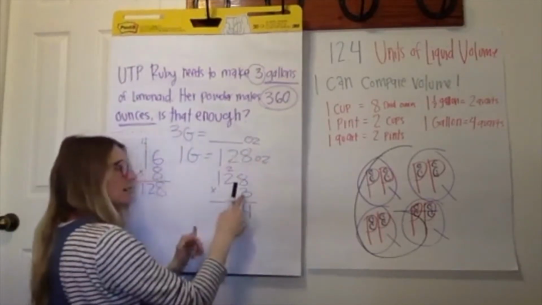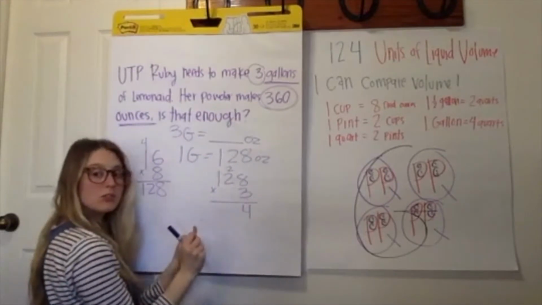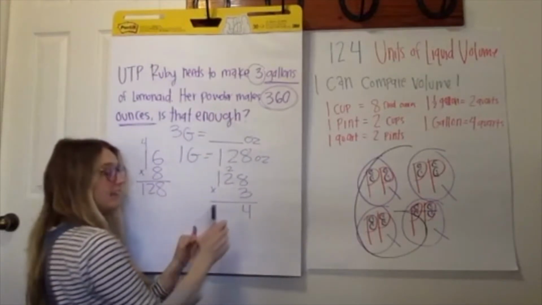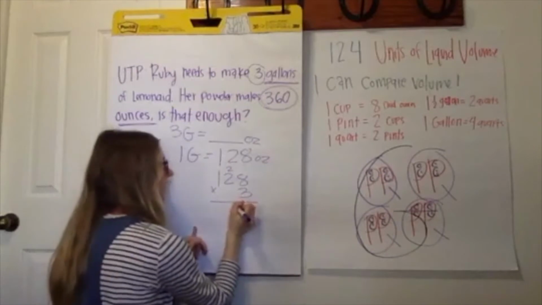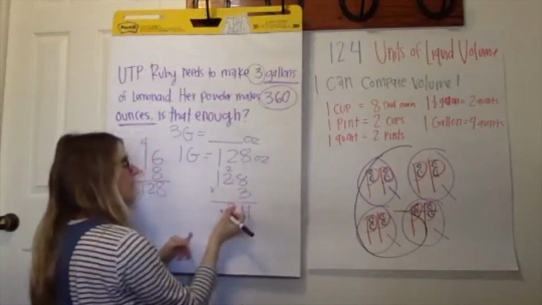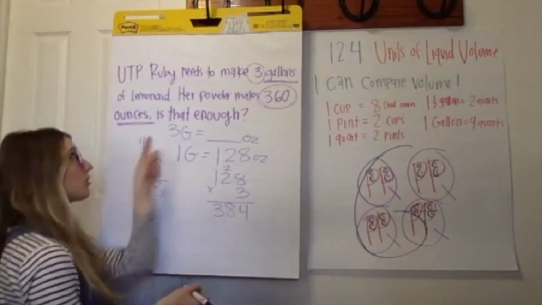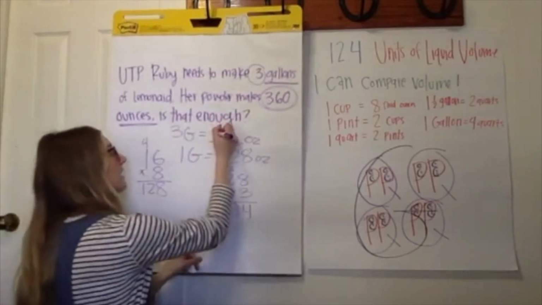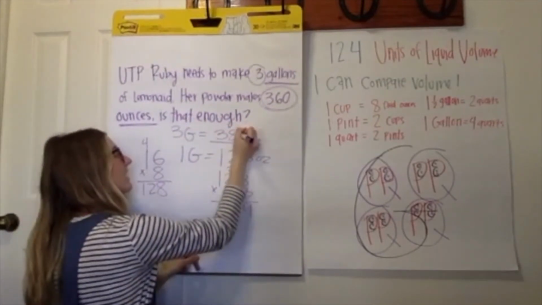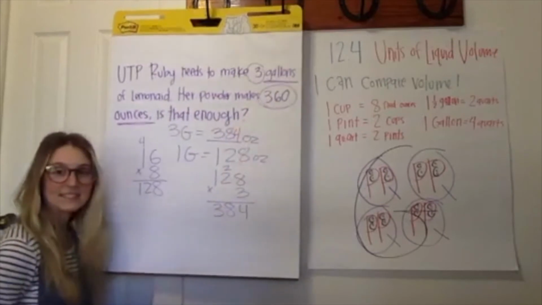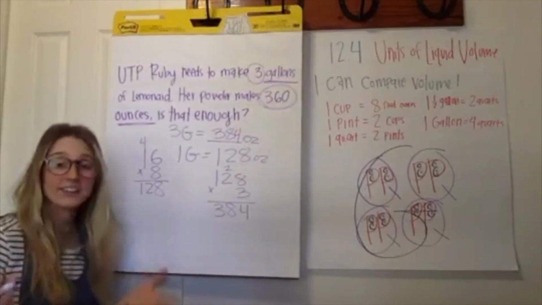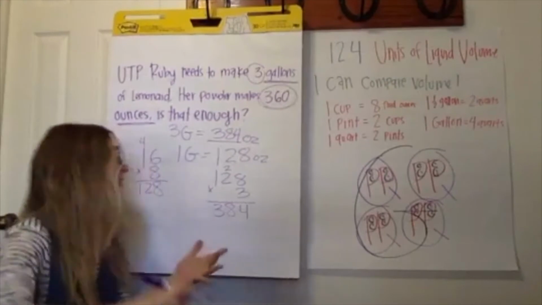Carry the 2. 3 times 2 is 6 plus 2 is 8. And 3 times 1 is 3. So now we know that in 3 gallons, there's 384 ounces.